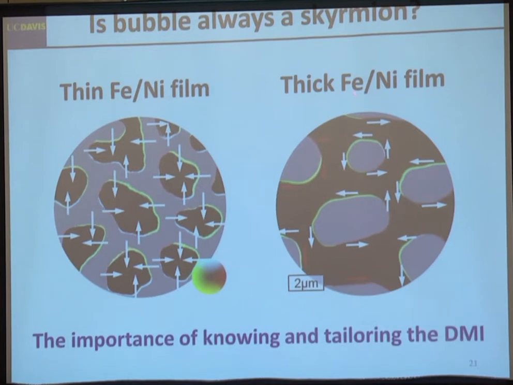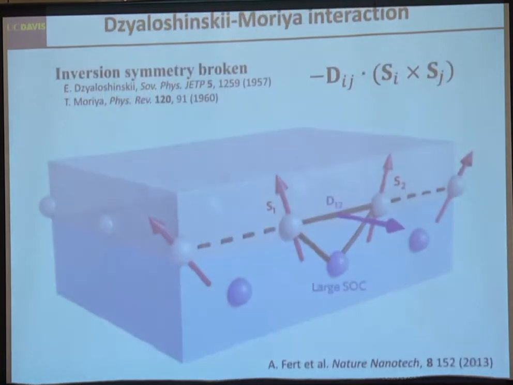But when the thickness of the film is thicker, you again have this bubble, and now if you look at the boundary, it's a Bloch type. If you follow the red arrow or white arrow, you have opposite rotation sense, meaning the system has no preferred chirality.